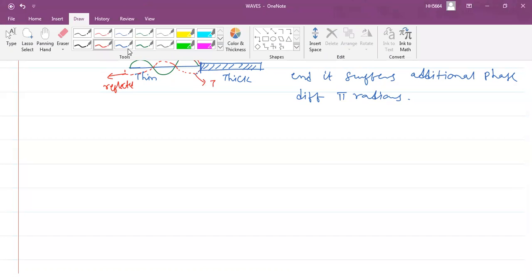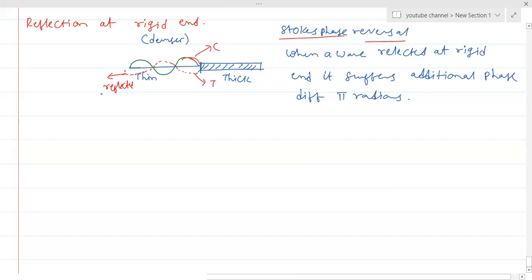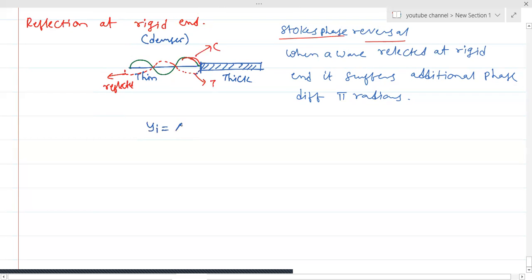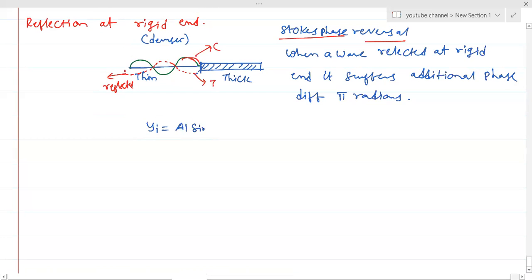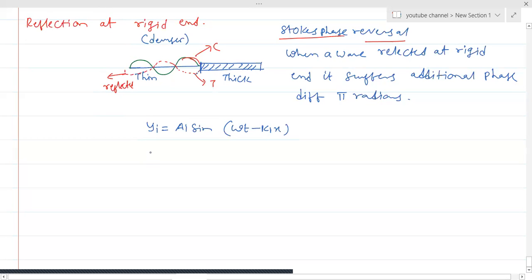And for problem-related questions, the story is the same. Again, we will write the incident wave equivalent to A into sine omega t minus k1x, from the first medium. Similarly, we will take the reflected wave.